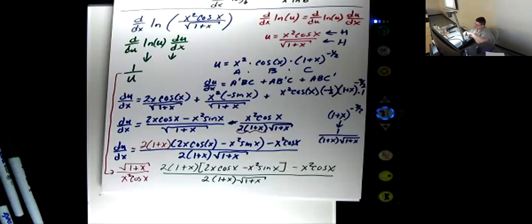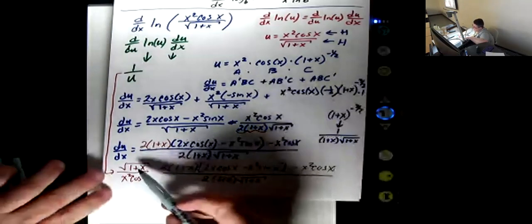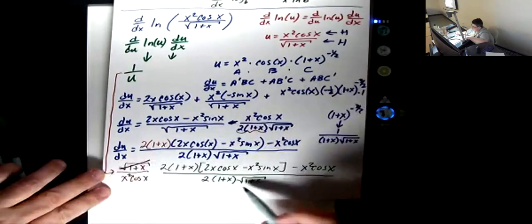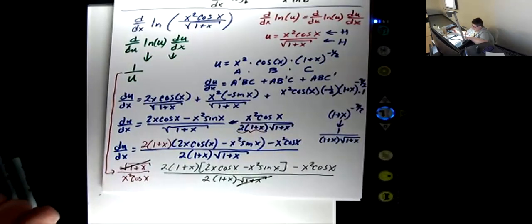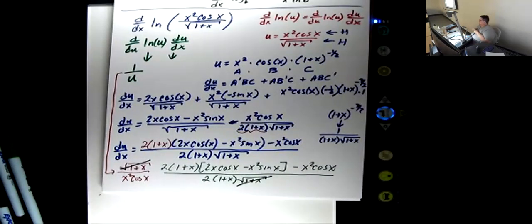Now I can see the square root of 1 plus x on top and bottom go away. There might be more that cleans up if you multiply out the stuff on top and factor it out. But we got the derivative done.